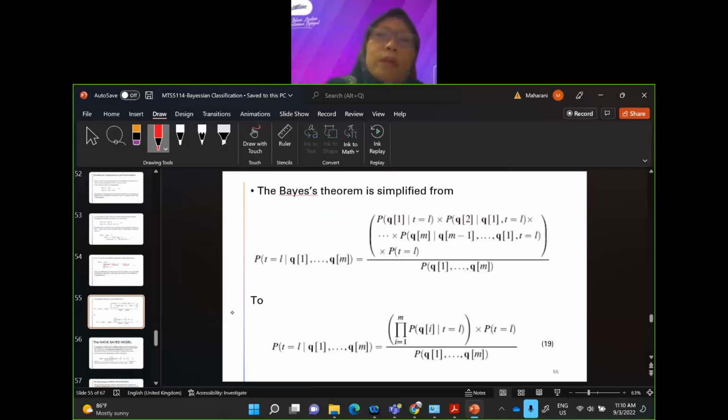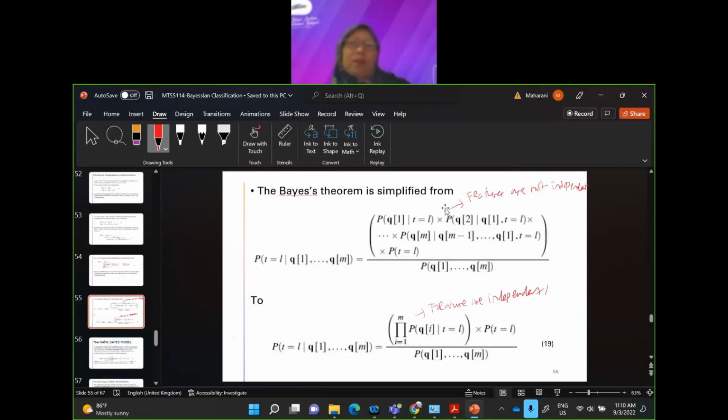This one is before, with features not independent, and this one is with features independent.